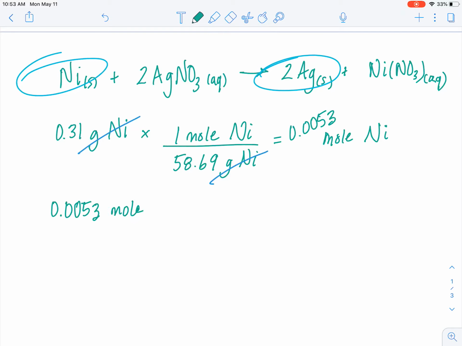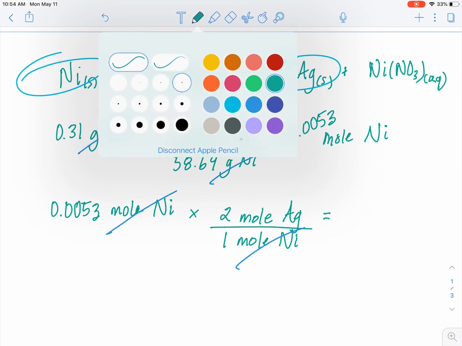So I have to get from moles of nickel to moles of silver, and I'm going to do that with my mole ratio. For every 1 mole of nickel in this reaction, there are 2 moles of silver produced.